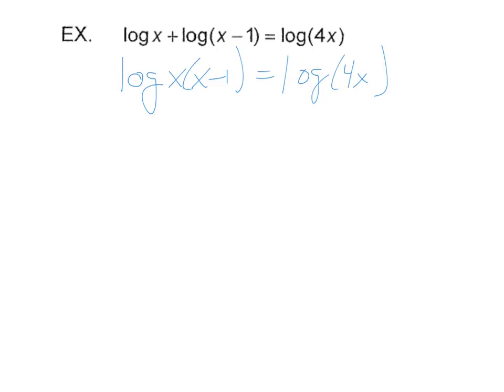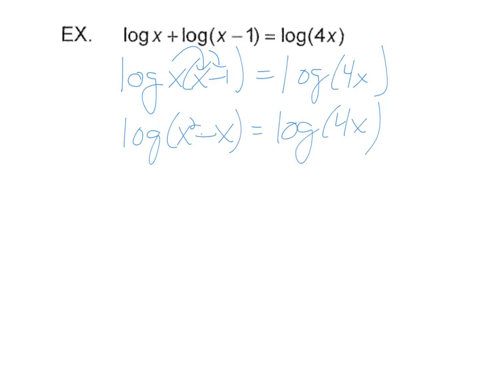Let me go ahead and distribute. There's another little rule that says if you just have a single log on the left side and a single log on the right side, you can cancel those out. There's nothing added or subtracted on the front or back of those logs, so they can go away, and we have x squared minus x equals 4x.